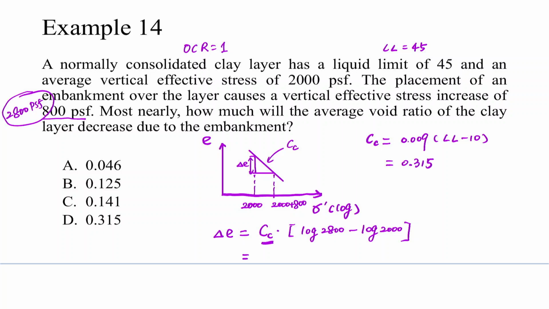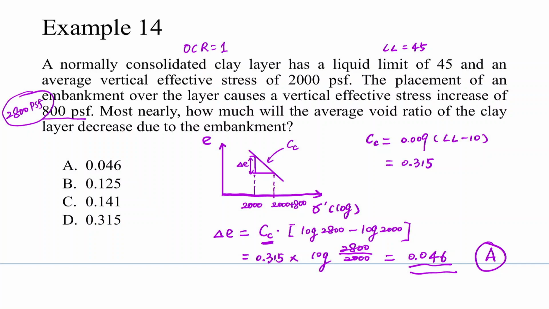So you put that 0.315 in, and times that log. Make sure you know the operation of the log, and the final answer is 0.046. That is the change of the void ratio. This problem is only asking for the change, the decrease, of the void ratio.